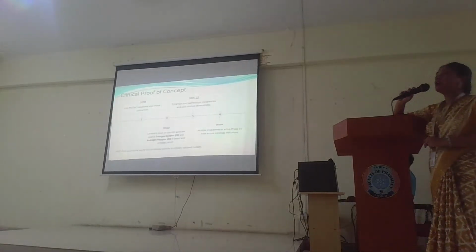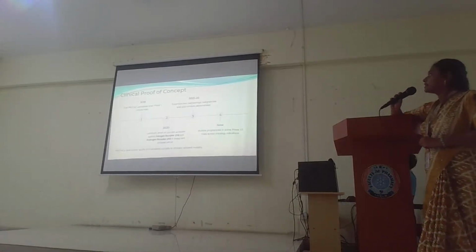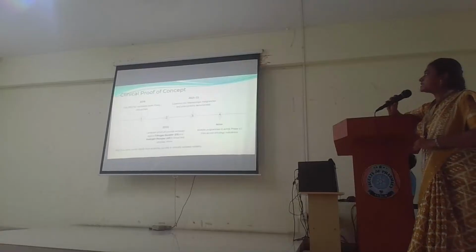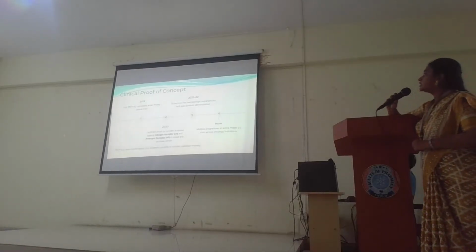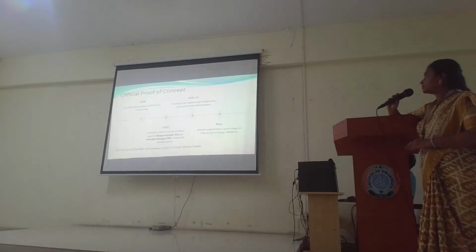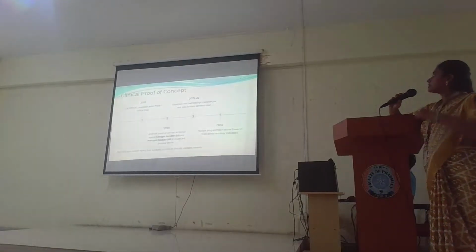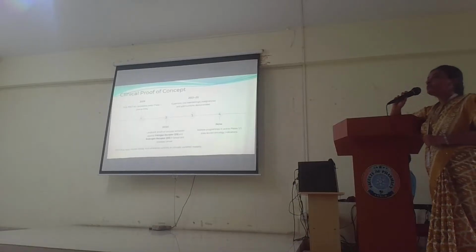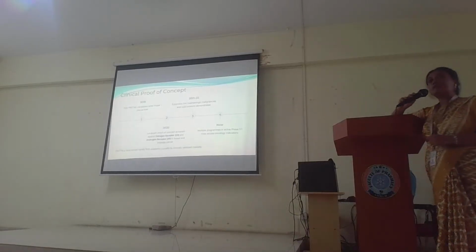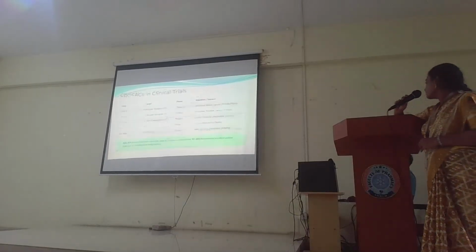So this is the clinical proof of these products. Phase 1 started in 2019 and now we are in phase 4. Multiple programs have been done and it is a successful model. The drug has also been released into the market.